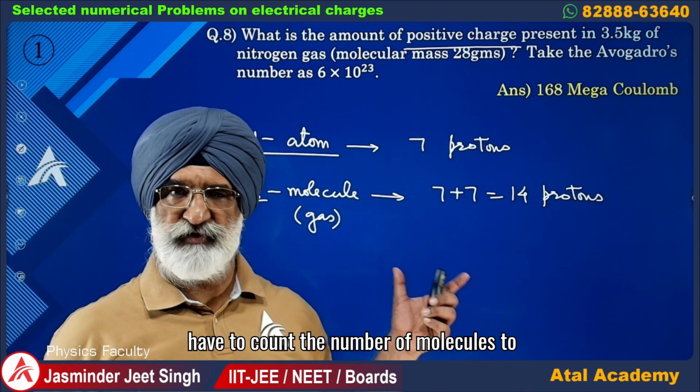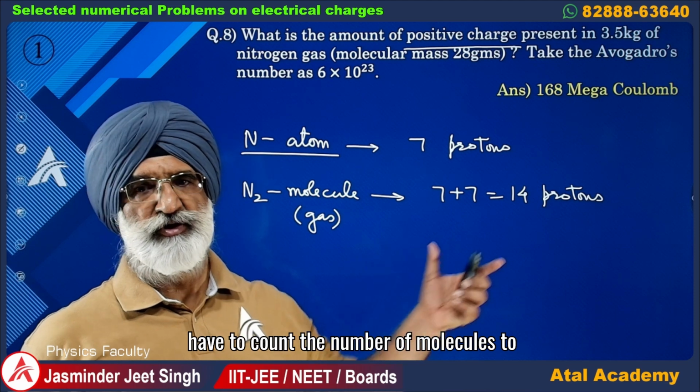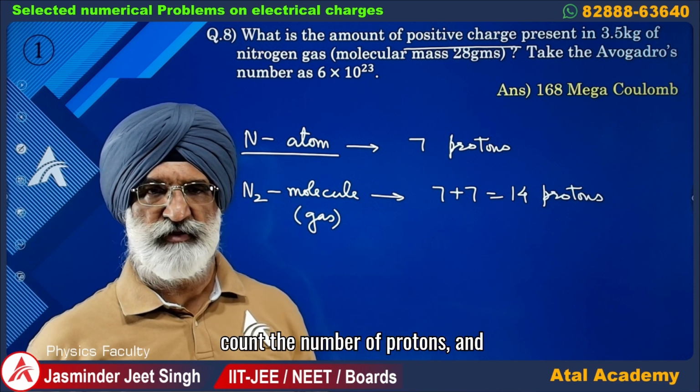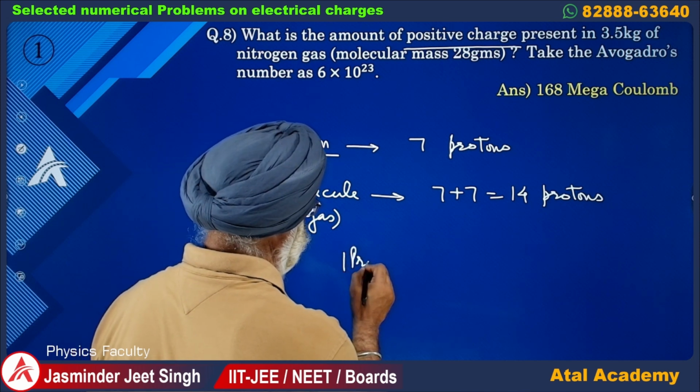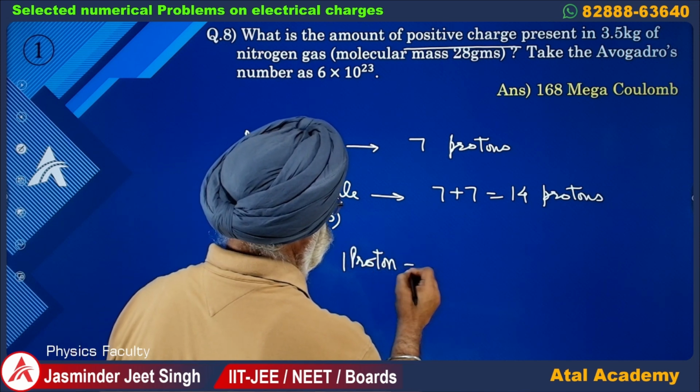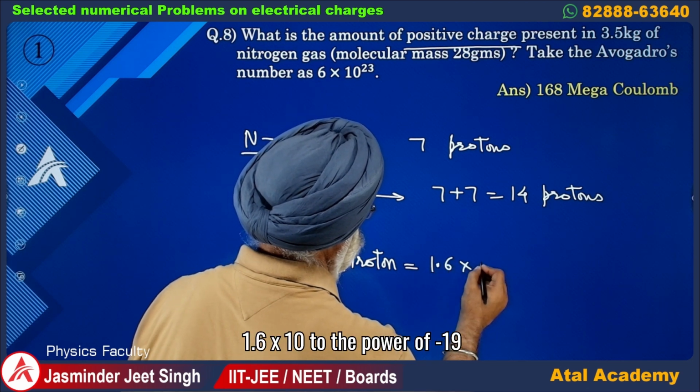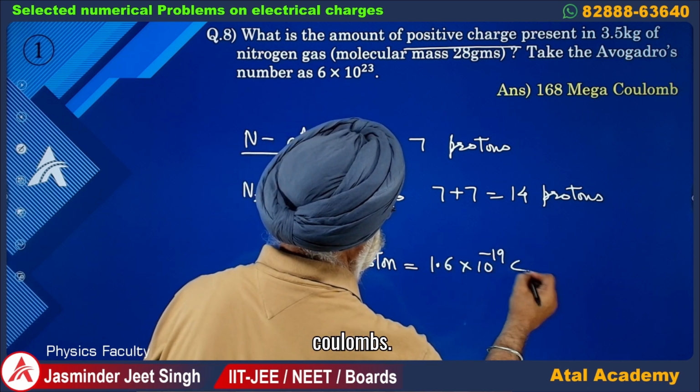Now we have to count the number of molecules to count the number of protons, and one proton has a charge of 1.6 into 10 to the power of minus 19 coulombs.